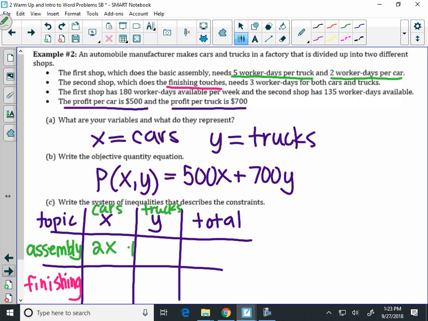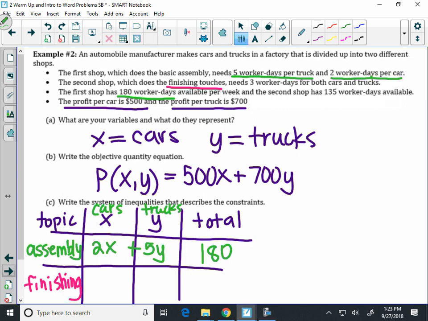So we'll have plus 5y. You can go and just add those pluses and stuff now. Well, total, we need a total number. How long in total does this company have to assemble cars and trucks? 180. So first shot has 180 days, worker days, to assemble trucks.